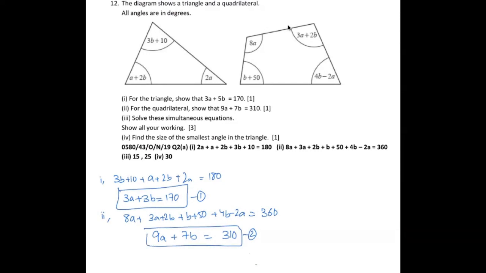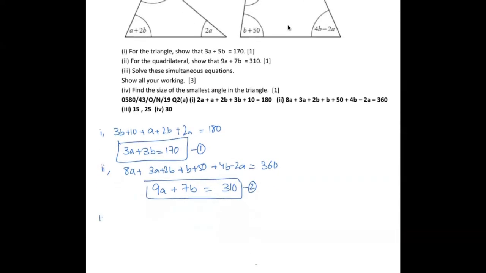Now in the third part, we have been asked to solve these 2 equations simultaneously. If you make a the subject, it's going to be 170 minus 3b upon 3.